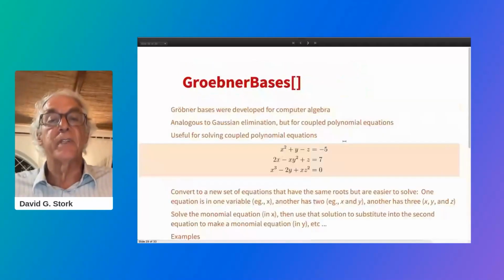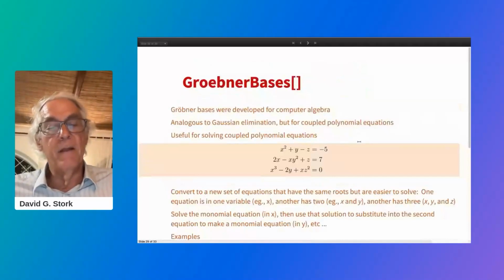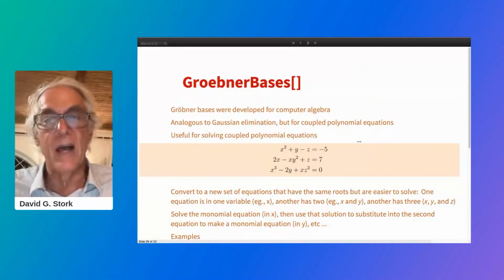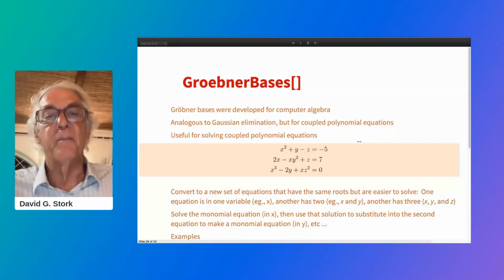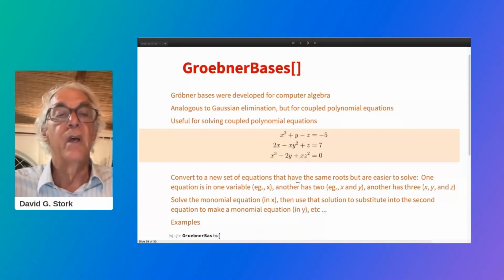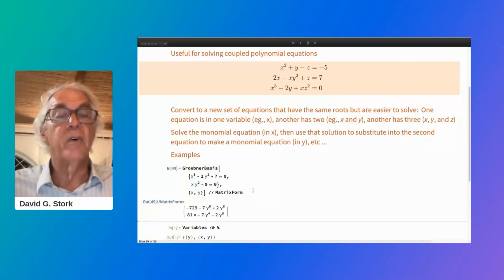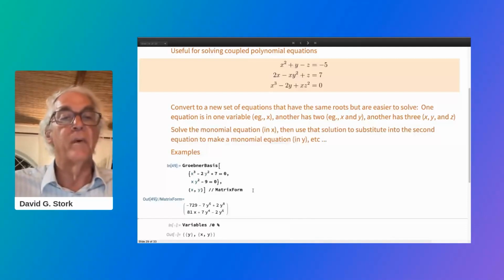One of the more interesting topics I go on to is Gröbner bases. If you're familiar with row decomposition in linear algebra, Gröbner bases, I don't have time to go through it now, are the same idea for polynomials. If I have x squared plus y minus z equals -5 and so forth, give me a new set of equivalent equations in which the first one is dependent only on one variable, like x, and the next one on x and y.